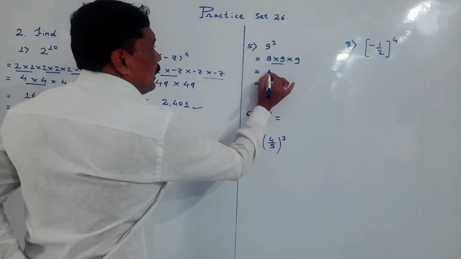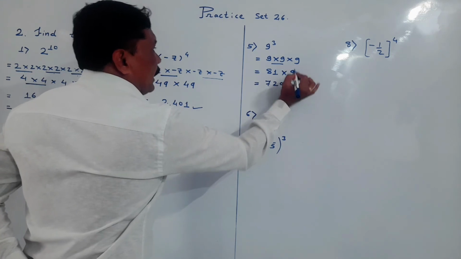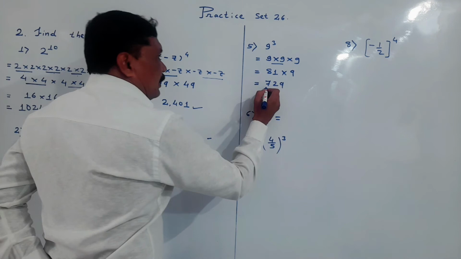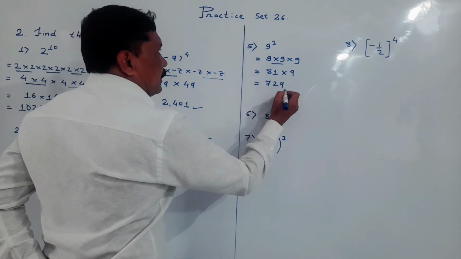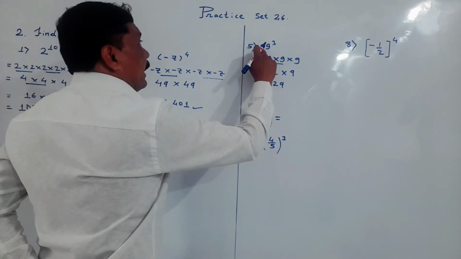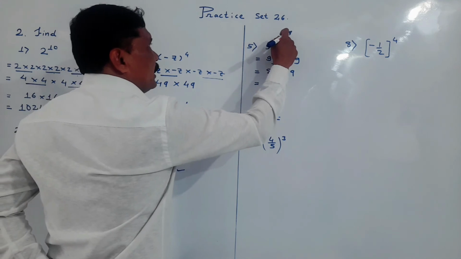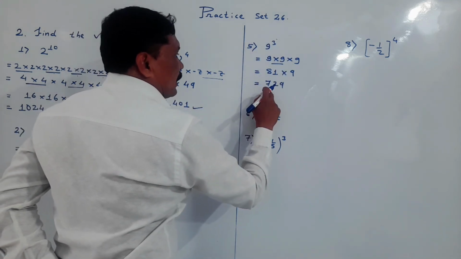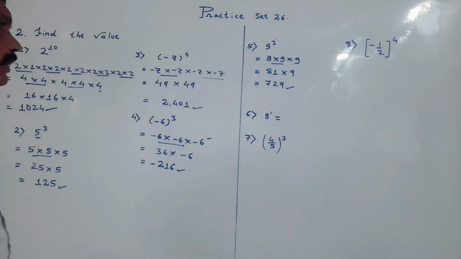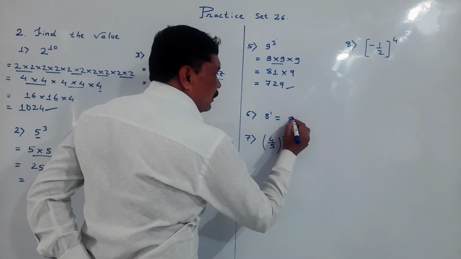So 9 nines are 81 into 9, and 81 into 9 is 729. Therefore, my dear student, the value of 9 raised to 3 is 729. My dear student, 8 raised to 1, the answer will be 8.